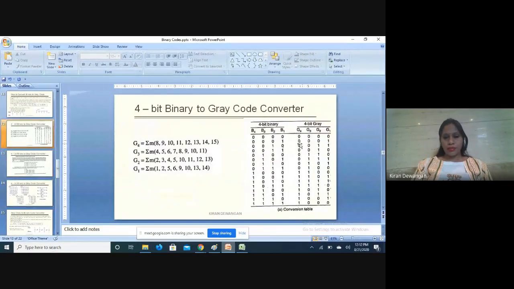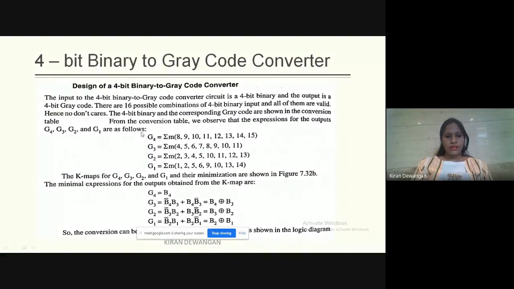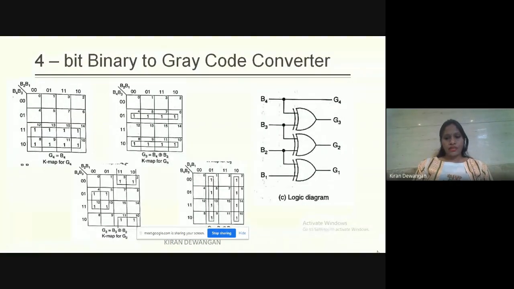This was our table, 4-bit binary, 4-bit gray. And we had obtained the canonical form of all the outputs. This is the 4-bit gray output, and we have obtained the expressions by using K-map. Through K-map, we have obtained the expressions of all the 4-bit gray, G4, G3, G2 and G1.